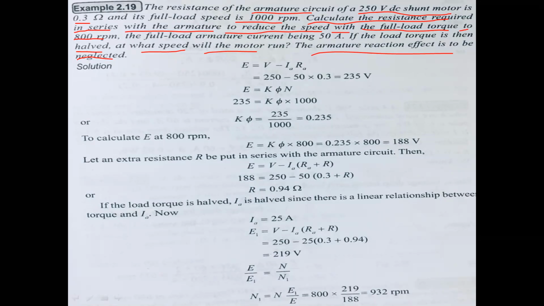So that means you need to reduce the speed of the motor from 1000 rpm to 800 rpm. The full load armature current is 50 amperes. The load torque is then halved. At what speed will the motor run? The armature reaction effect is neglected. A typical and lengthy problem.